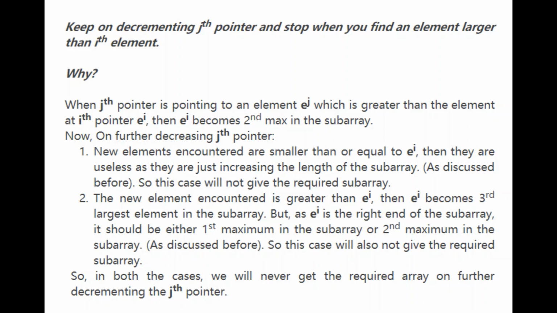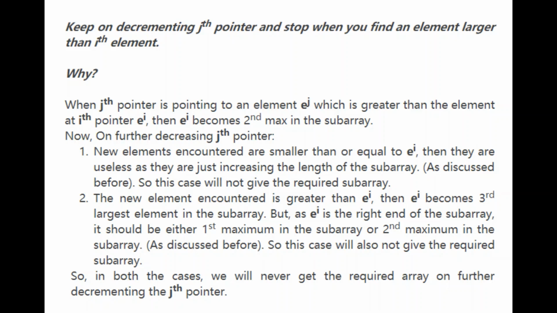This is because on further decrementing the jth pointer, we can encounter an element which is greater than the ith element, and currently the ith element is the largest element of the subarray, or we can encounter an element which is greater than the current second maximum element of the subarray, and in both cases the encountered element will become the maximum or the second maximum element of the subarray, and at that time as well the subarray will be valid and we have to consider that subarray, right?